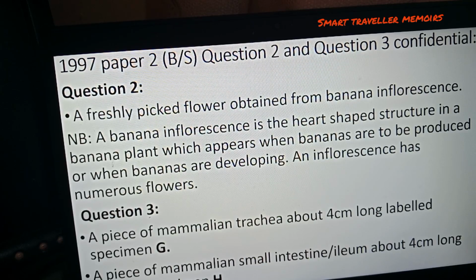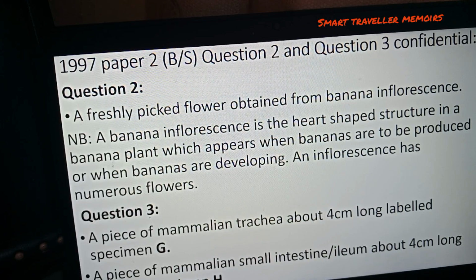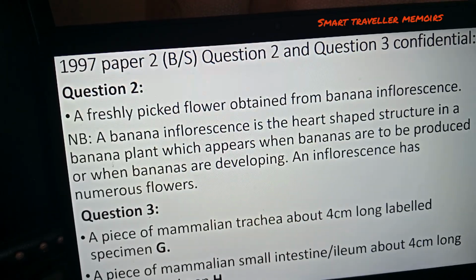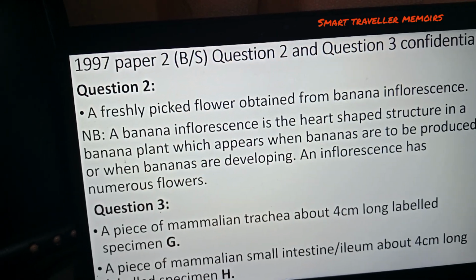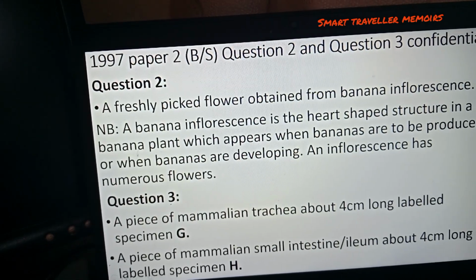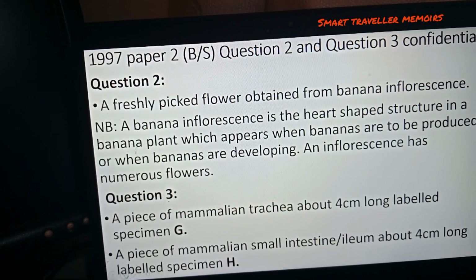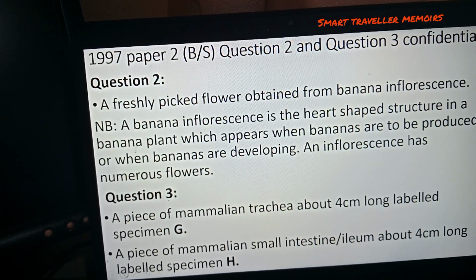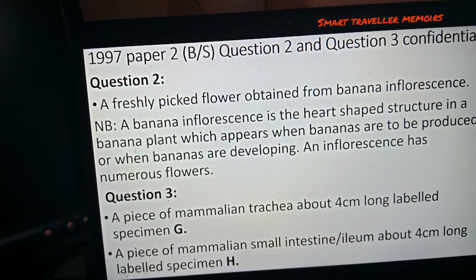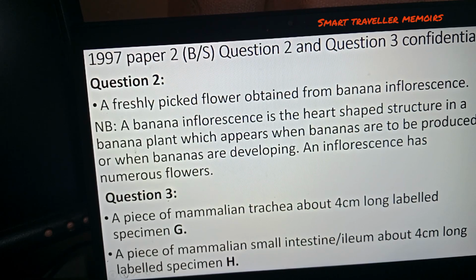A piece of mammalian trachea, about 4 centimeters long, labeled specimen G, will be required for question 3. And again, question 3 will require a piece of mammalian small intestine or ileum, about 4 centimeters long, labeled H.